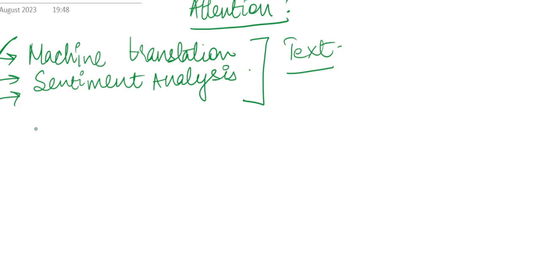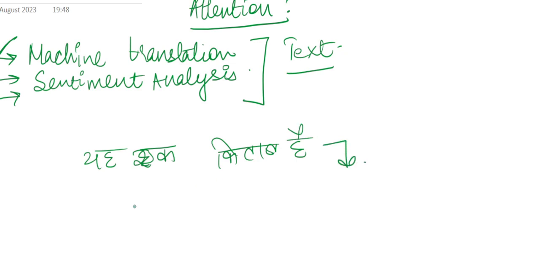Now, how does this machine translation go? Machine translation is when I have a sentence in Hindi, यह एक किताब है, and I want to convert it into English. This is a book.